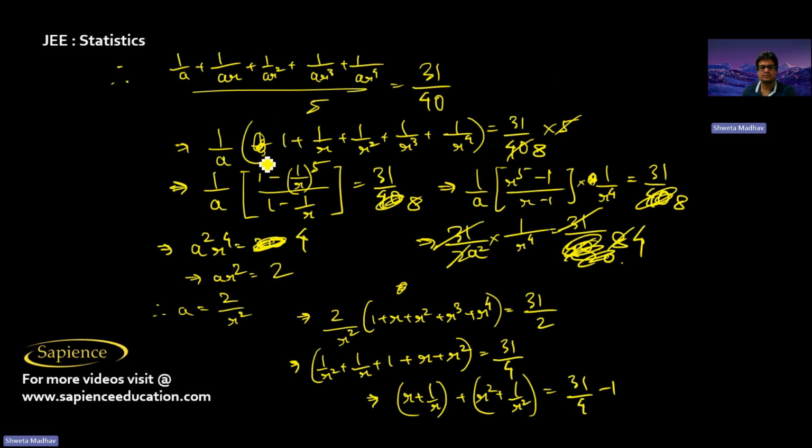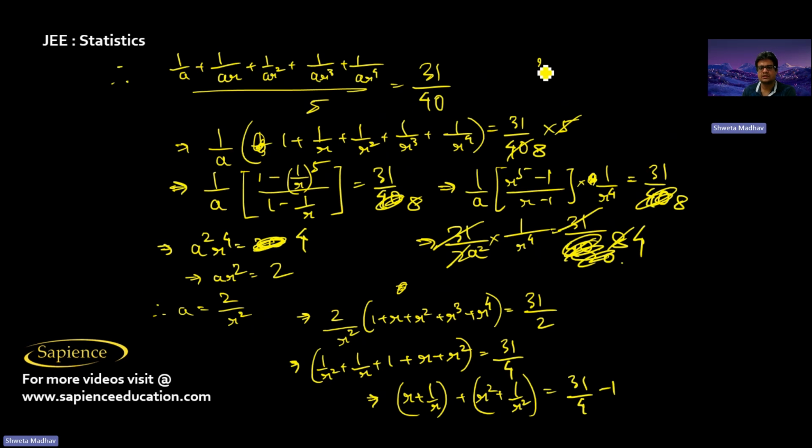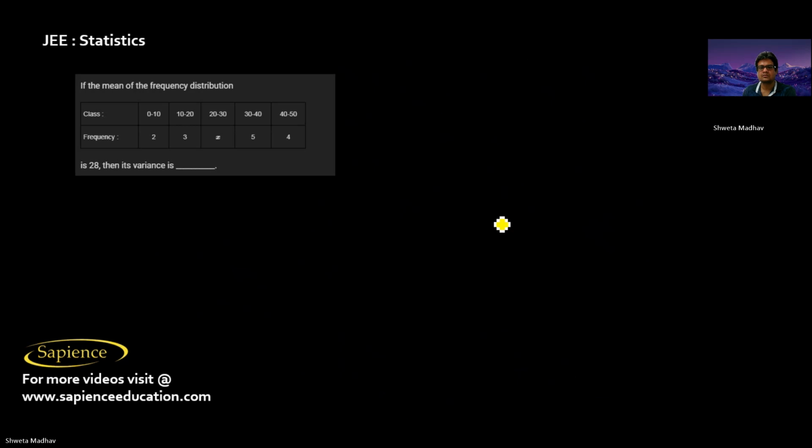Now therefore, you can say that r square plus 1 by r square can be written as r plus 1 by r whole square minus 2.